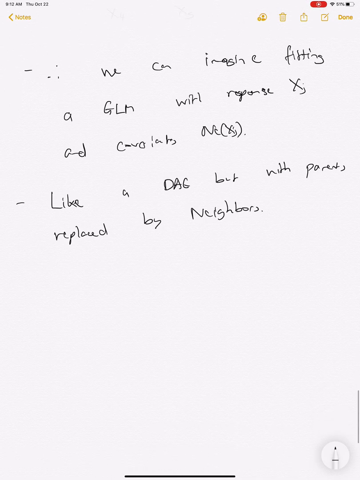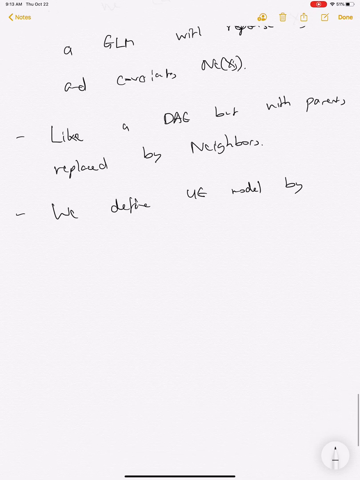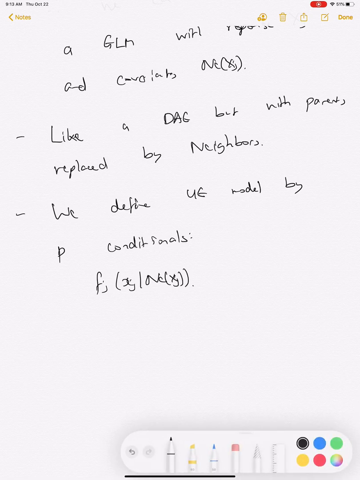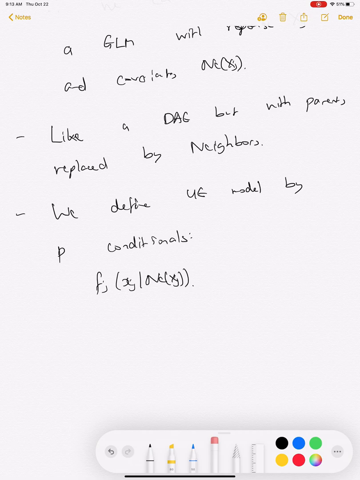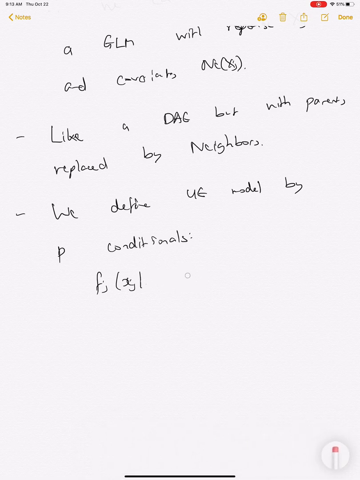So we define the undirected graphical model by the p conditionals fj of xj given the neighbors of xj. Okay.